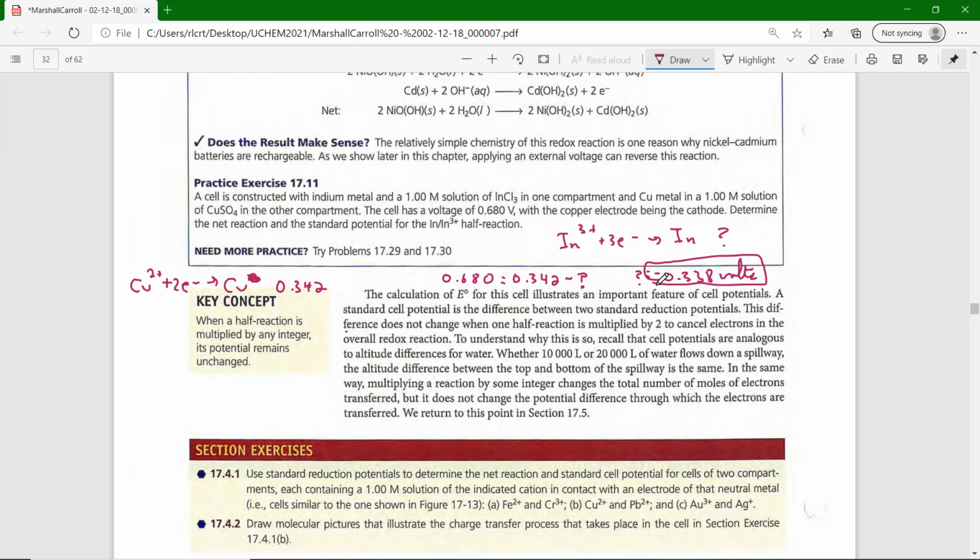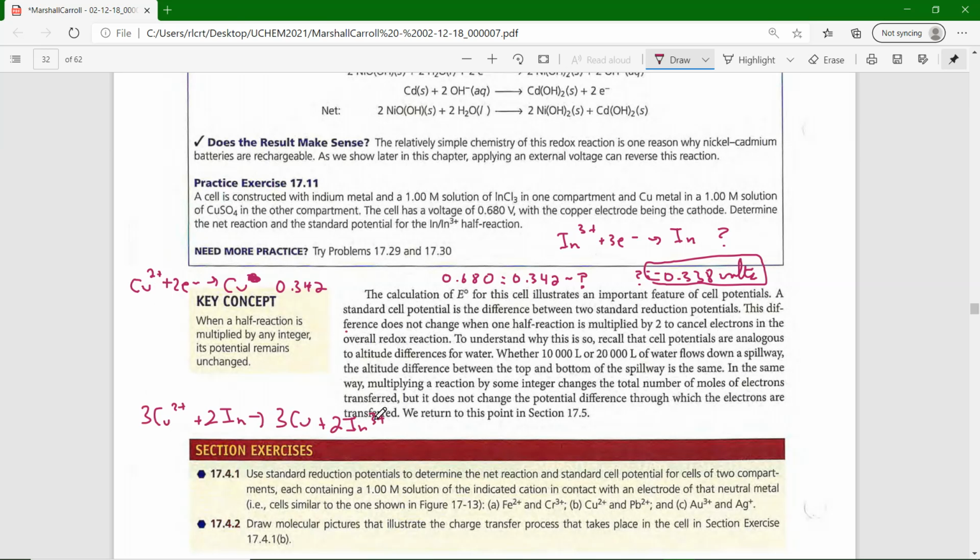we have a galvanic cell. Oh, they wanted to write the net reaction, so I'm going to try to do this in my head here. Indium is actually going to be oxidized, and I've got to multiply the copper by 3 and the indium by 2, so 3 Cu2+ plus 2 In goes to 3 Cu plus 2 In3+.